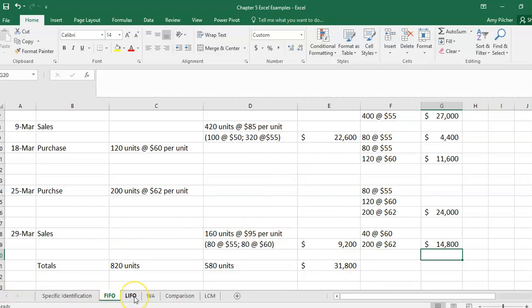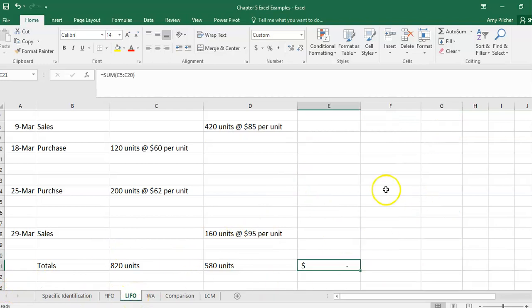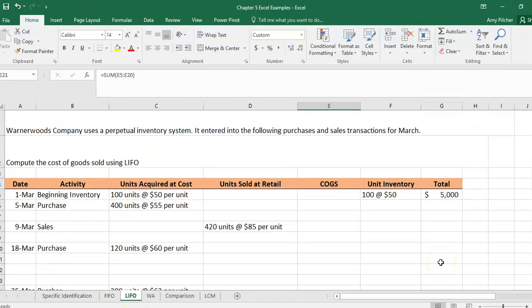We're now going to go through the LIFO. LIFO is the exact opposite of FIFO. So we have last in, first out for costs with LIFO. Remember that inventory costing does not need to follow inventory actual flow. So we would have first in, first out in our physical flow, but we would use last in, first out for our costs.